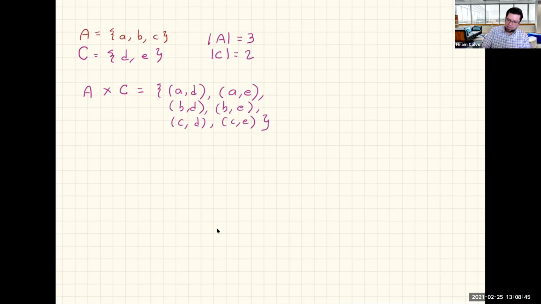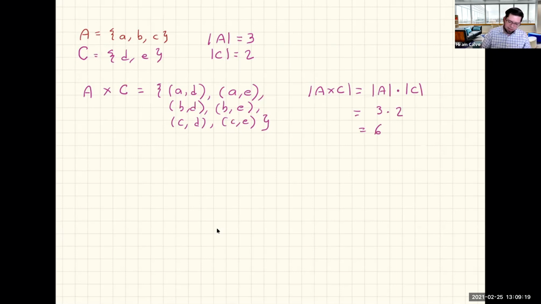So A has 3 elements and C has 2 elements. So this is easy. Then what is the cardinality of A Cartesian product C? Well, it's just the cardinality of A multiplied by the cardinality of C, which, if we substitute, is 3 times 2, which is 6. So this will be true for any sets, for any cardinality of sets we have.